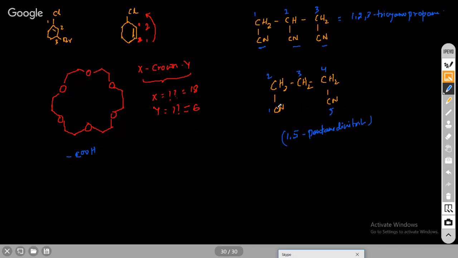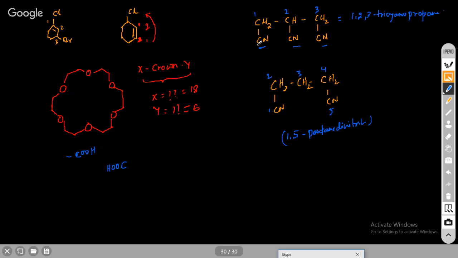But here we have two carbon containing functional groups. So we have to start numbering from this carbon or this carbon. Both you can do. 1, 2, 3, 4, 5. So we have 5 carbons, so pentane dinitrile. Understood this? No, no, no, you cannot write that.